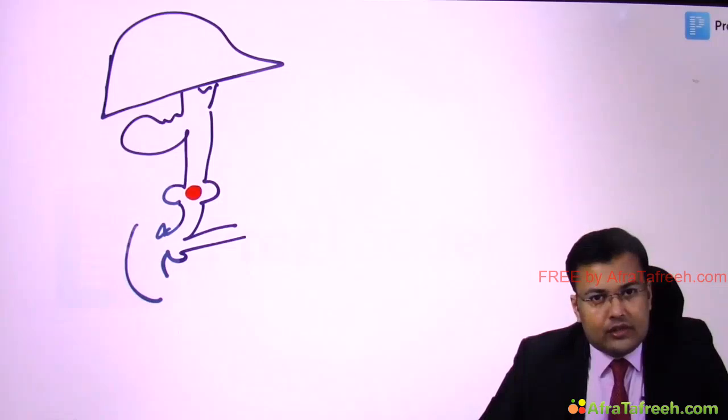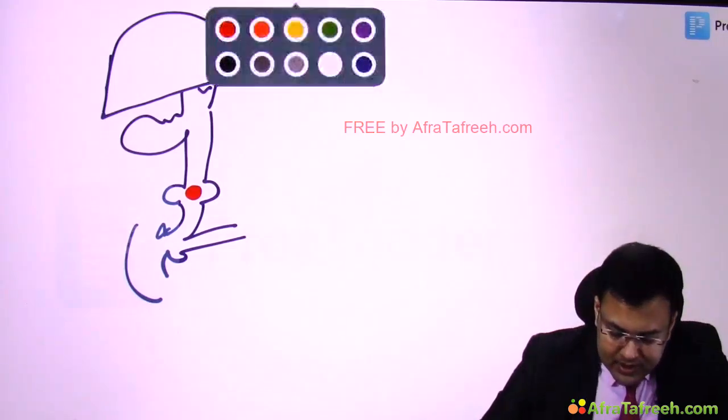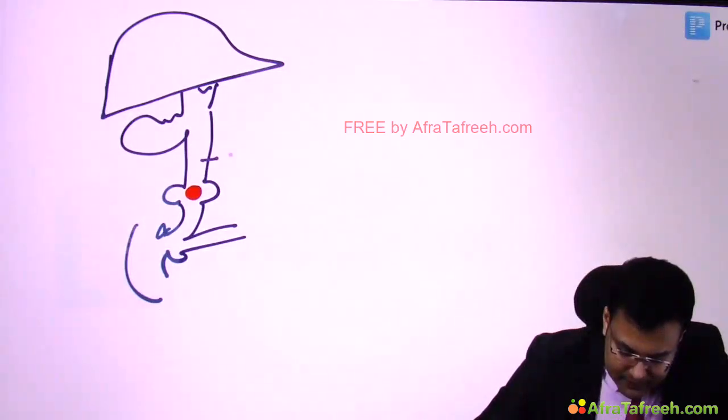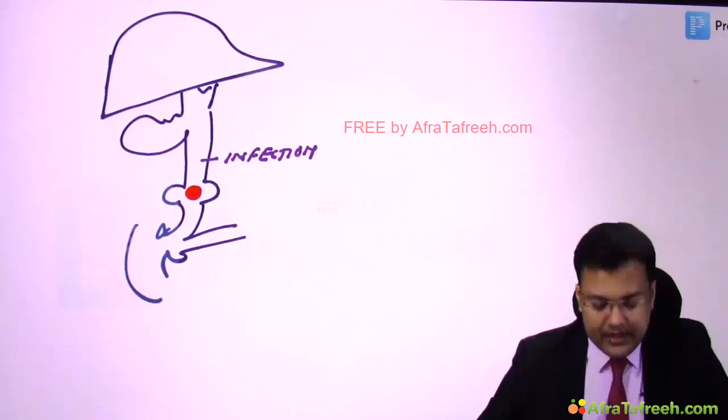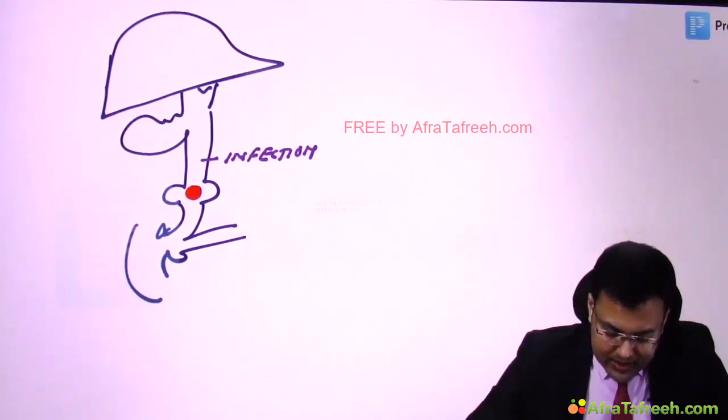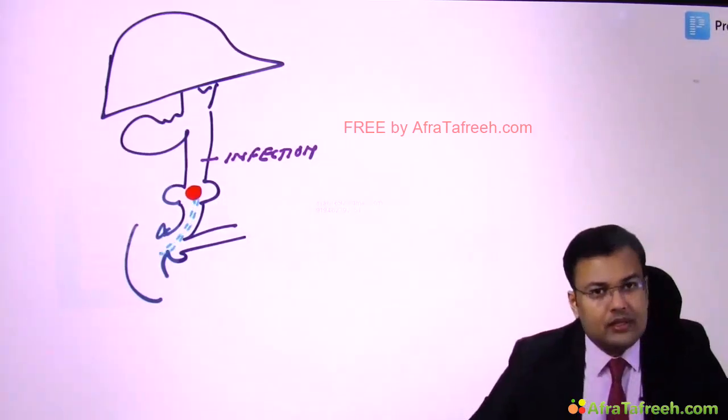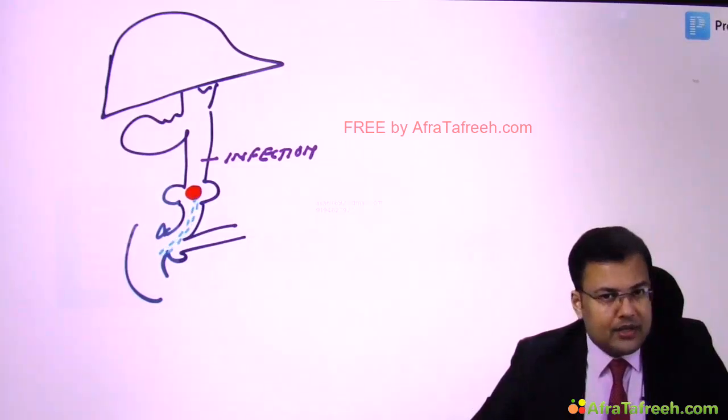Because of this stone, there is obstruction, and because of this obstruction, what's the problem? There is infection, and this infection is cholangitis. Now see, whenever this stone comes down and obstructs the pancreatic duct, what's the problem? There is pancreatitis.